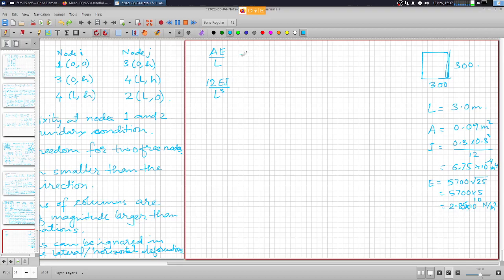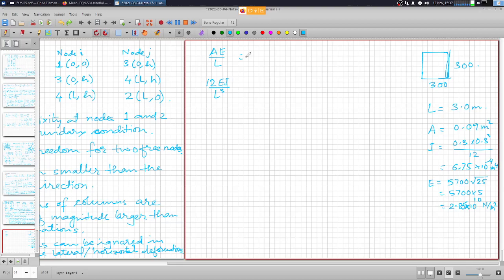So let's work out these numbers. AE by L, what is the stiffness? AE by L is 2.85 exponential 10 multiplied by 0.09 divided by 3.